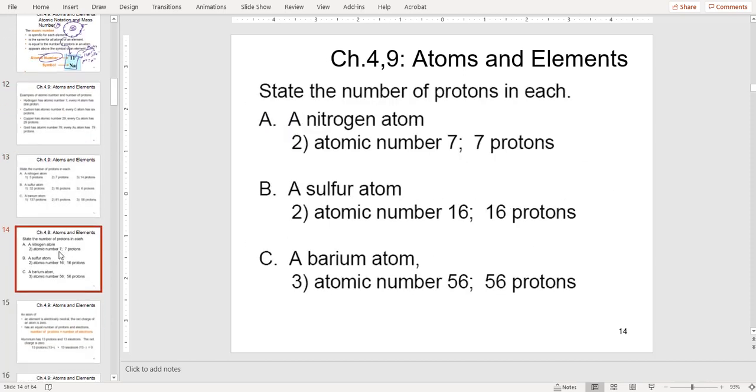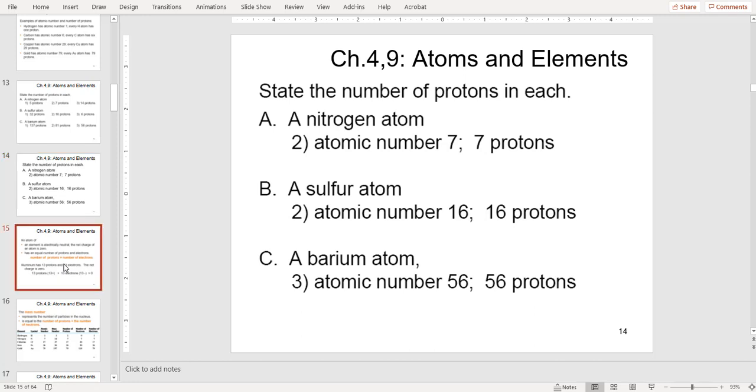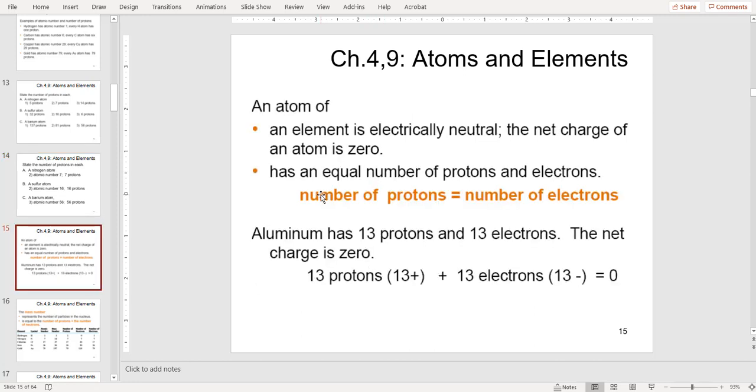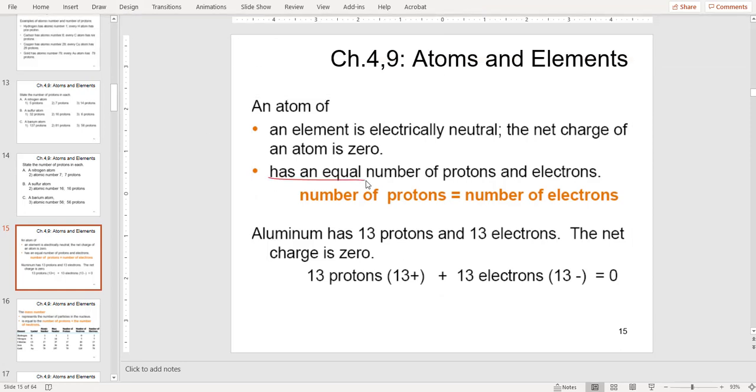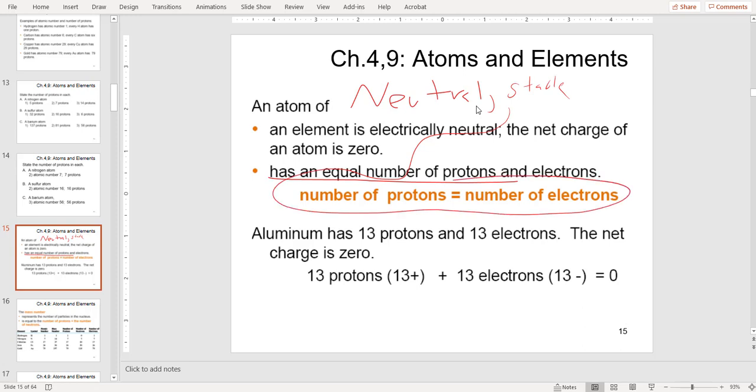So here are various examples for you to practice with. Make sure to know that concept. Also, be sure to understand the idea that for a neutral, stable atom, the number of protons will always equal the number of electrons.